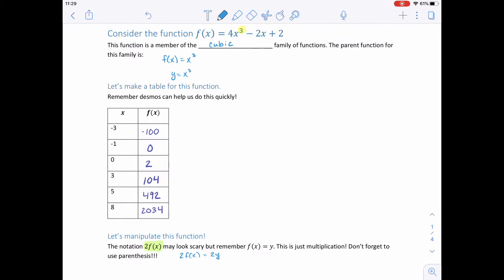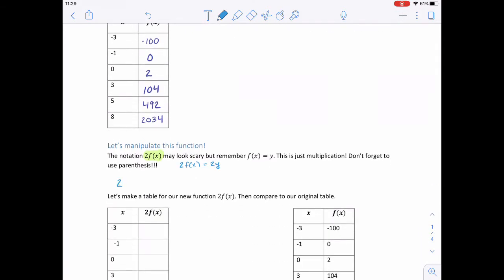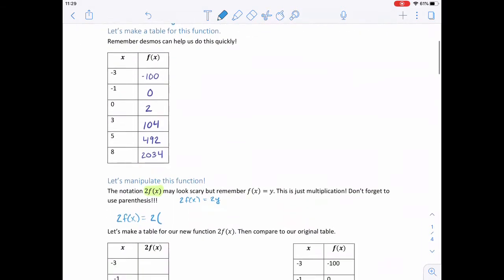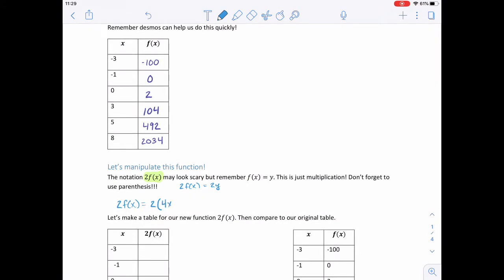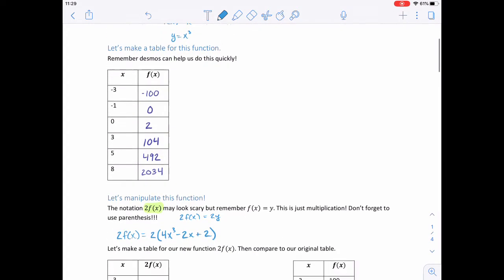So if we have 2 f of x, then that's just really 2 times our whole function, 4x cubed minus 2x plus 2, right? Because that's our f of x.